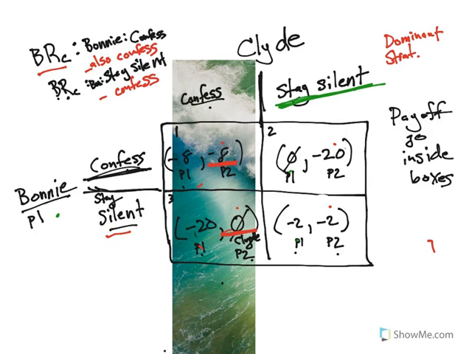So if she knows that Clyde is going to stay silent, she can go to jail for 0 years, she can go home, or she can go to jail for 2. She says, well, going home sounds a whole lot better. So Bonnie's best response to Clyde choosing confess is to confess herself.